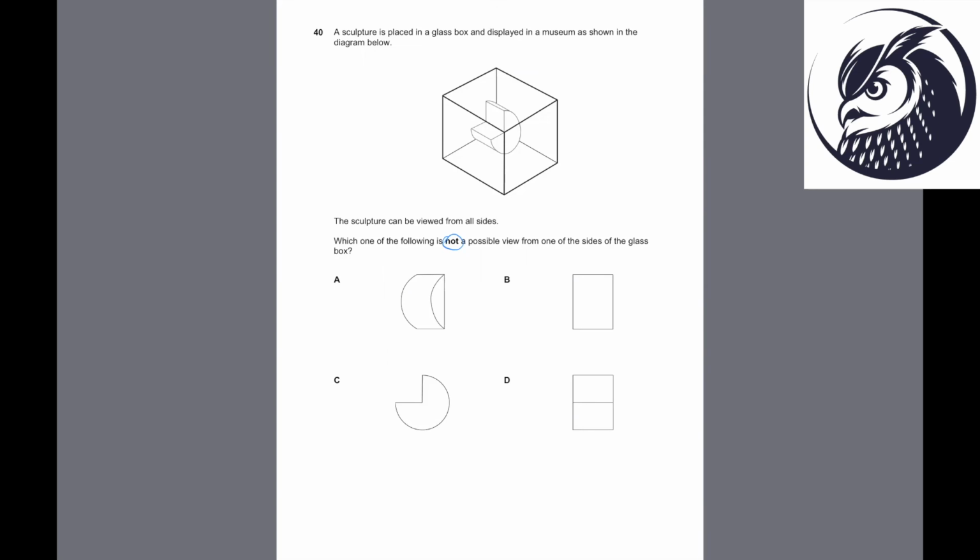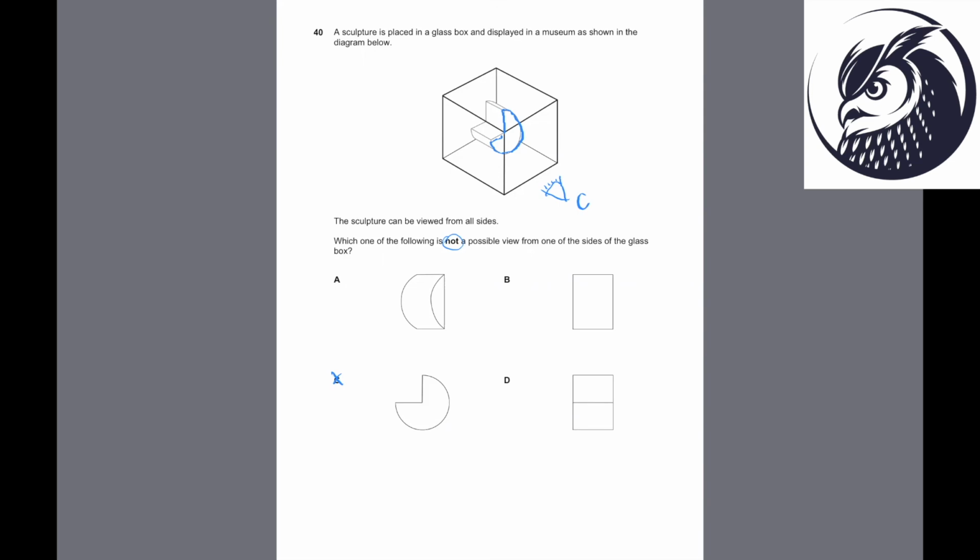Okay, so let's start off with, let's draw an eye here. If we were viewing it from that angle, you could see basically 3/4 of a circle, right? You're basically going to see that little bit here, and that's going to be answer option C. So we know that answer option C is possible if you view it from there.